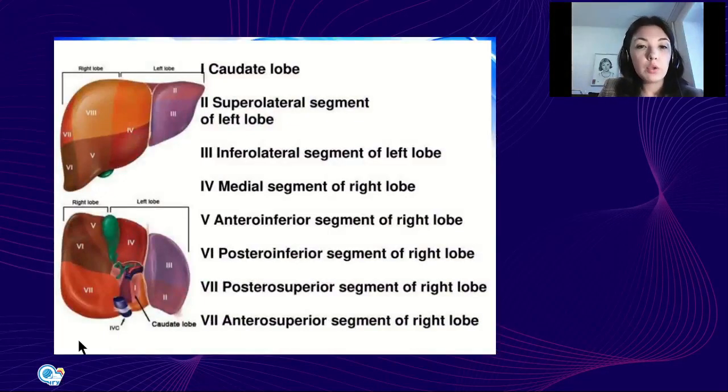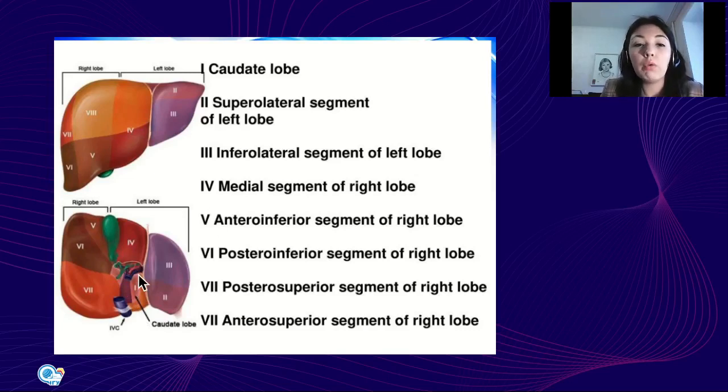So totally, as I told you, 8 segments are distinguished. And according to branches of the right and left hepatic artery, the right lobe of the liver from a surgical point of view is much smaller than the right lobe from an anatomical point of view. Surgeons consider that the caudate and quadrate lobes belong to the left lobe.